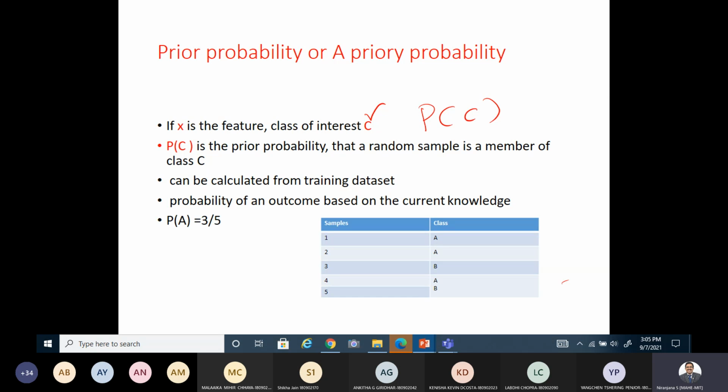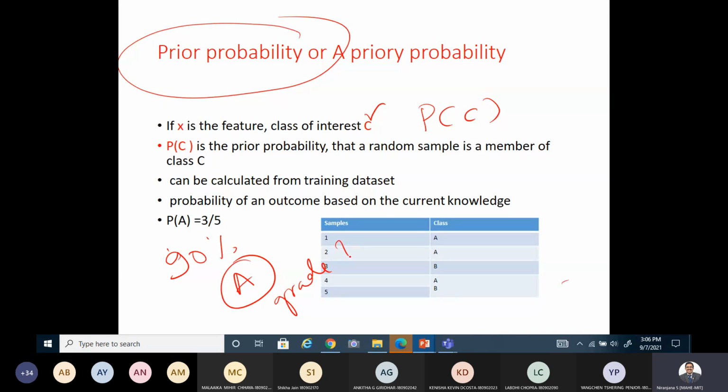So this is also good knowledge sometimes. With this also you can try to categorize. It is possible to do some classification or recognition only by this. For example, if I say that 80 or 90% of the students in our college are A grade, this is the knowledge we have.